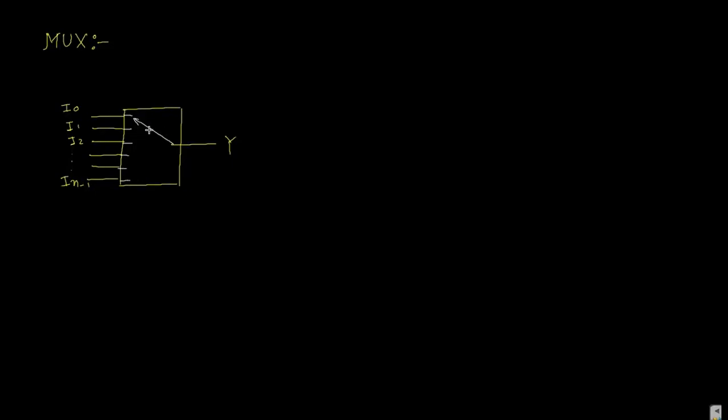So when this dialer touches I0, then the output is like that. If the dialer comes to I2 or I3, if the dialer comes through I3, then the output changes. Like this, the dialer can change and the output can be changed. It is a very simple circuit, easily handleable, and we can implement it in a single chip.